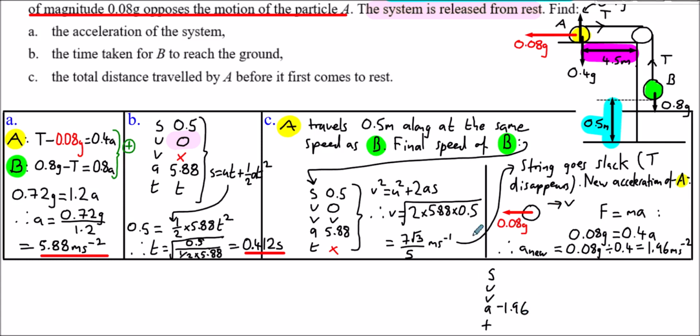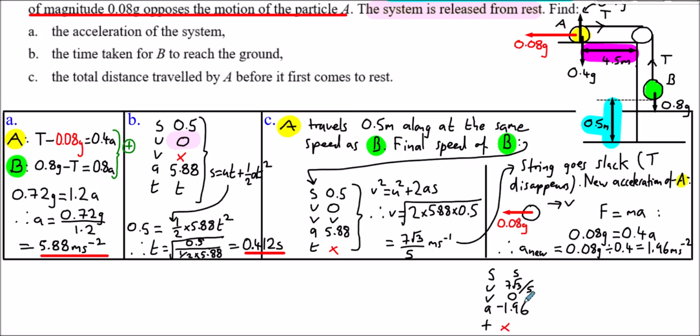I want to work out the total distance, so I'm going to leave that as S. The initial speed when the string goes slack is actually 7 root 3 over 5. When it comes to rest, the final speed will be 0. And again, we're not particularly bothered with t, so I can cross that off.